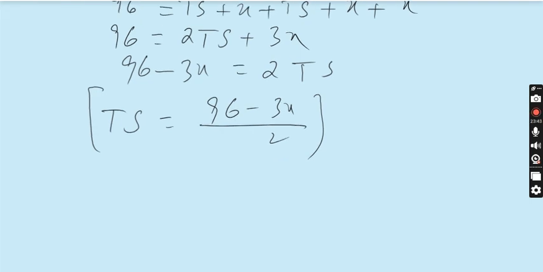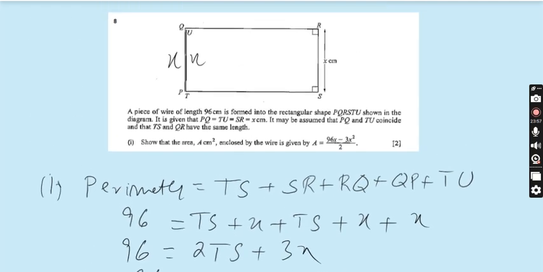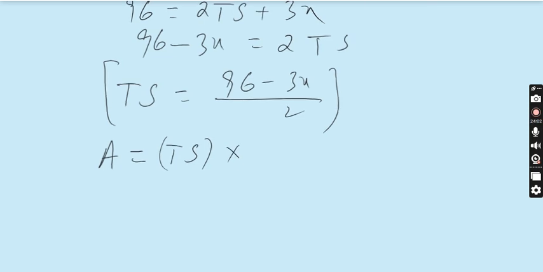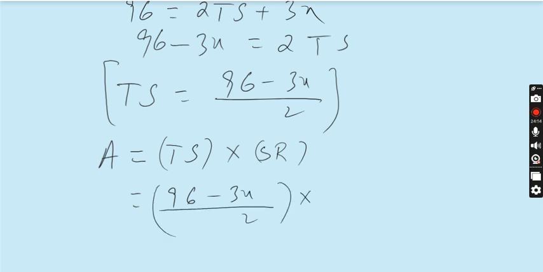Now we have to find the area. Area A is equal to length times width. Length is TS, width you can see is SR. So TS is 96 minus 3x upon 2 multiplied by SR, which is x.